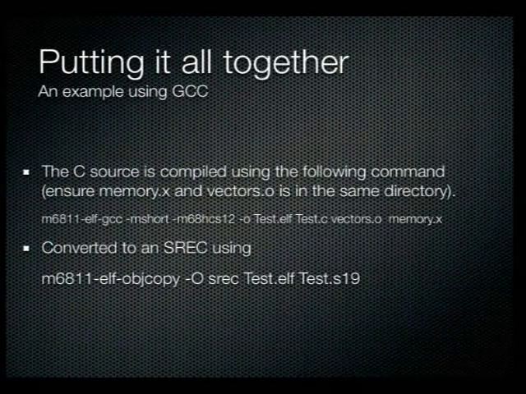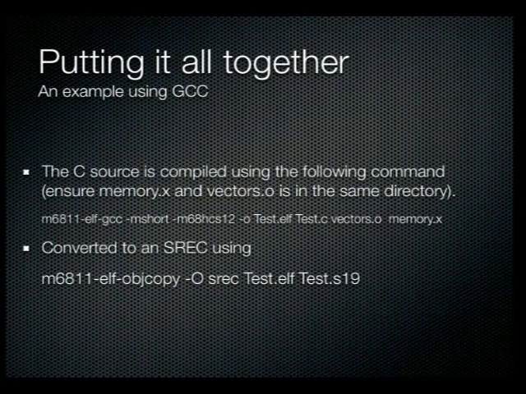Then what I need to do next is compile that code. I need to ensure that I have the memory.x and the vectors.s file in the same directory as what I'm currently compiling. So I simply hit the compiler by typing in the M6811 ELF GCC line.